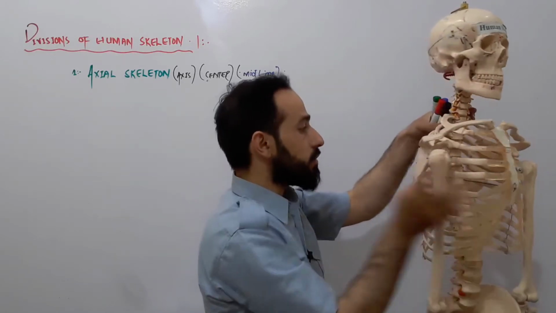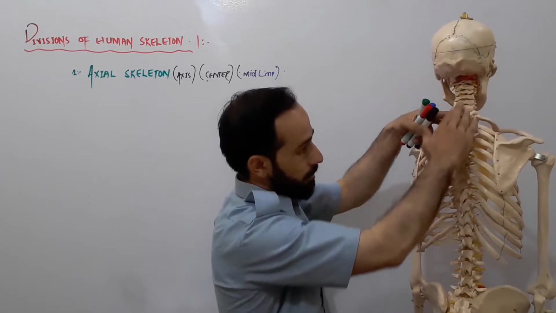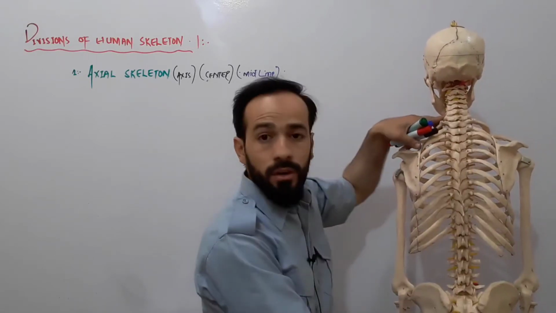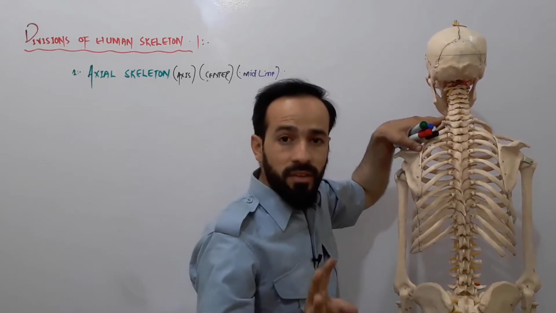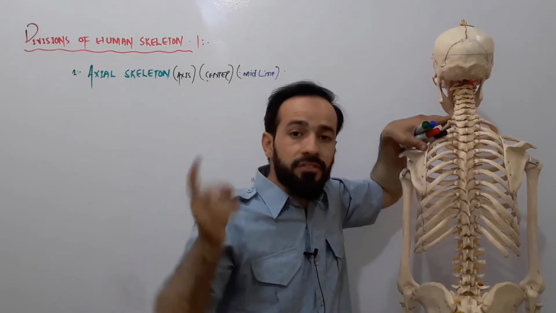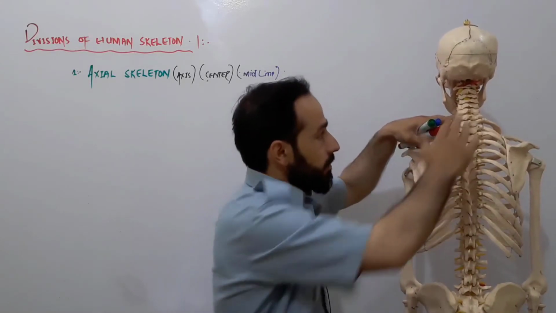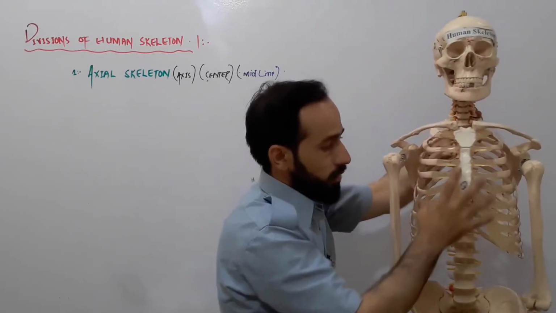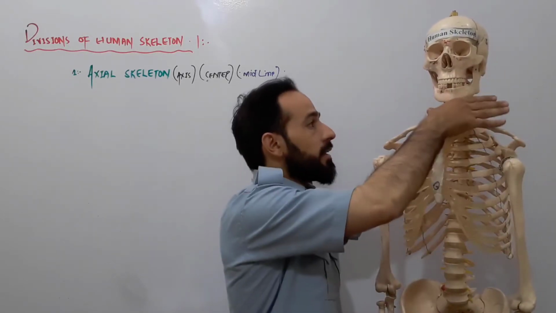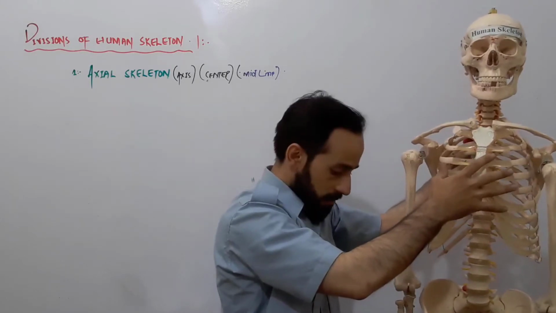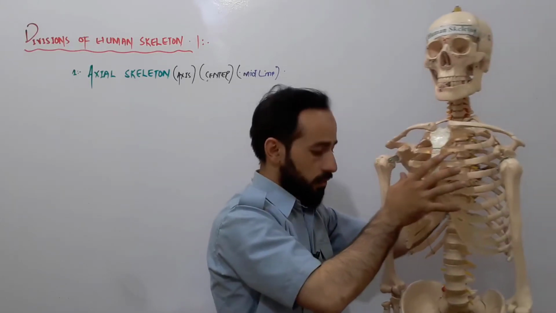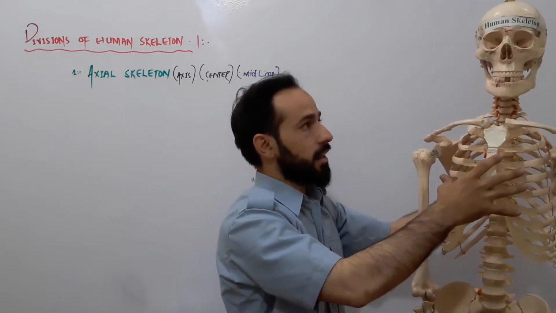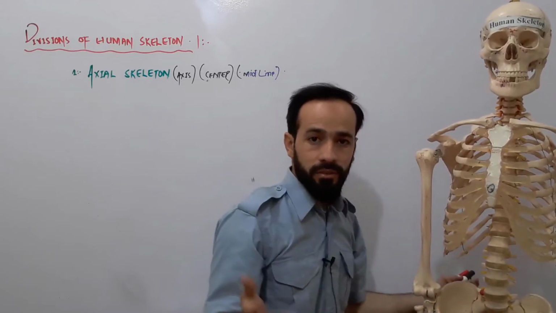And then you can also see your vertebral column lies totally in the center of your body, right? So we say the axial skeleton is subdivided into three parts: the vertebral column, the thoracic cage, and the skull, right? And we will discuss each and every bone of this axial skeleton in detail, right? So let's do this. It's very simple.